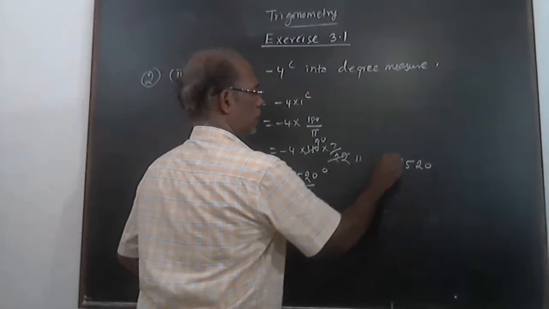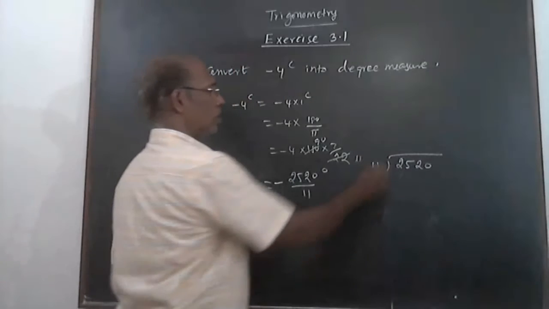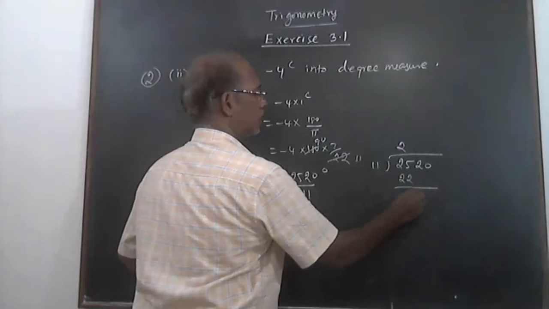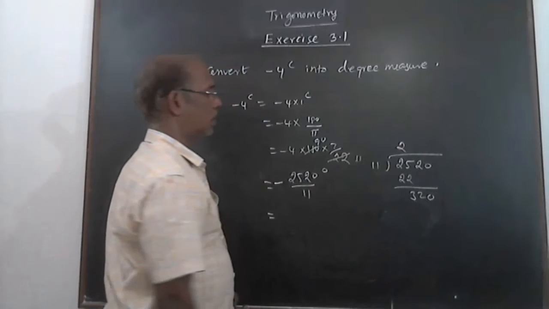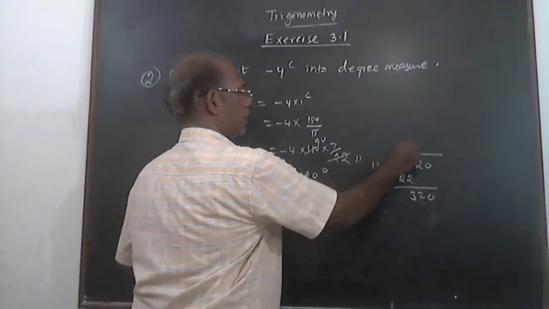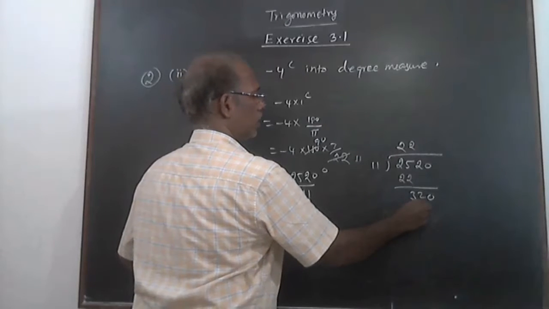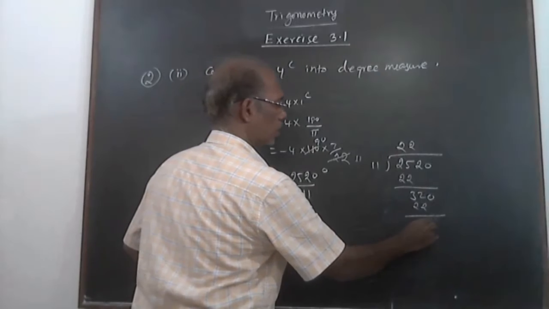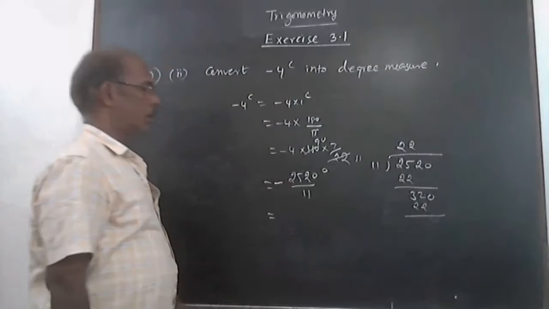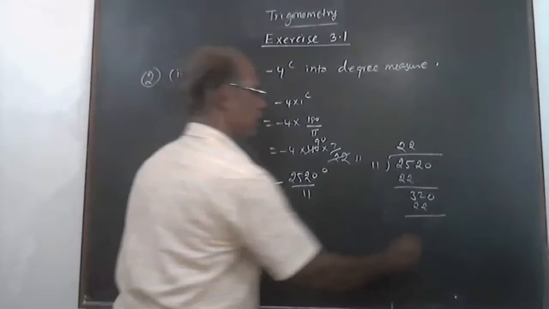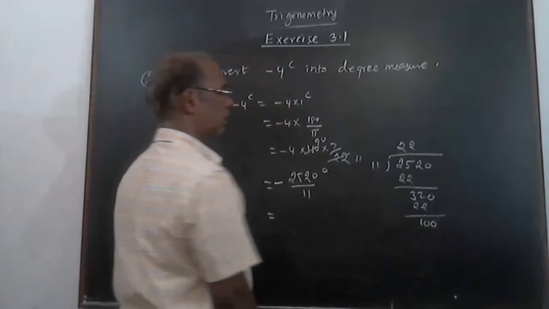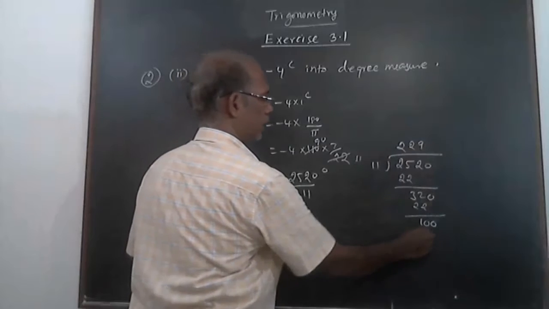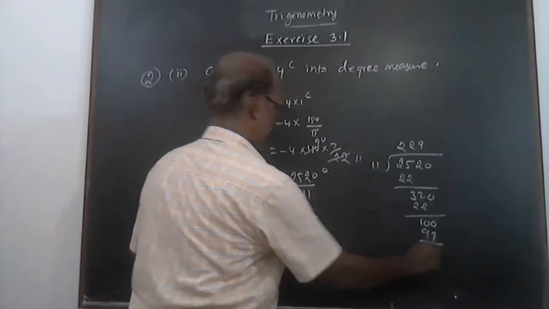2520 divided by 11, 2 times 11, 22, again 2 times 11, 22, then 9 times 11, 99, remainder 1.